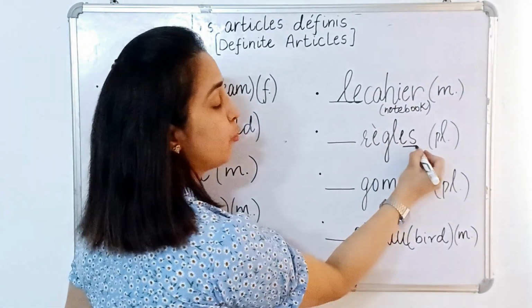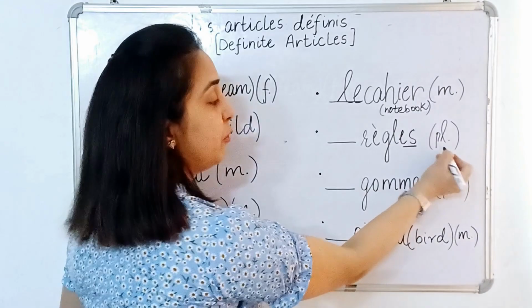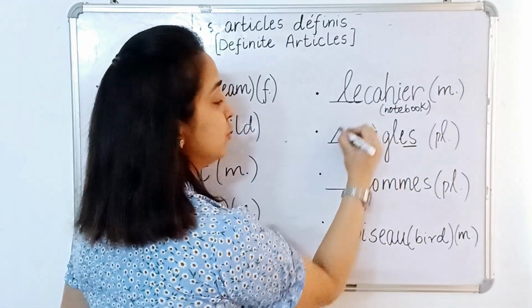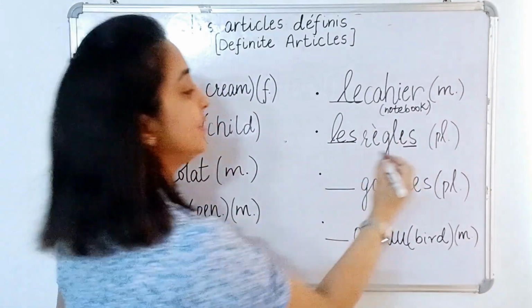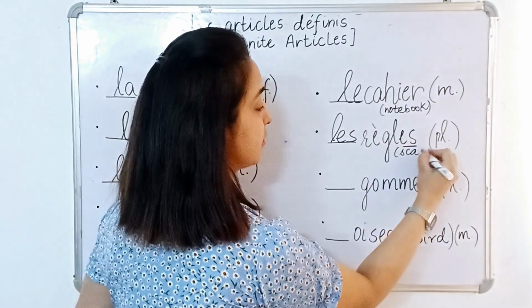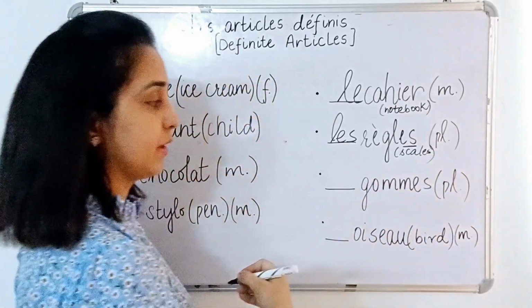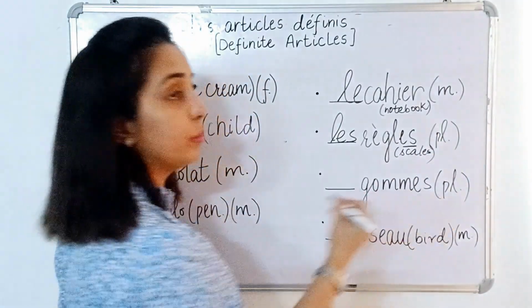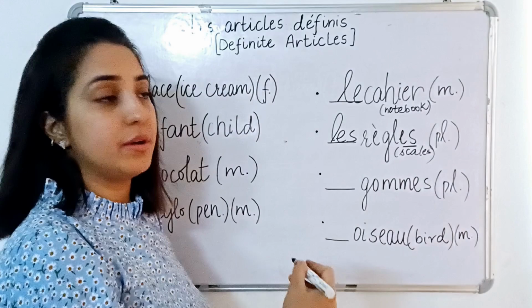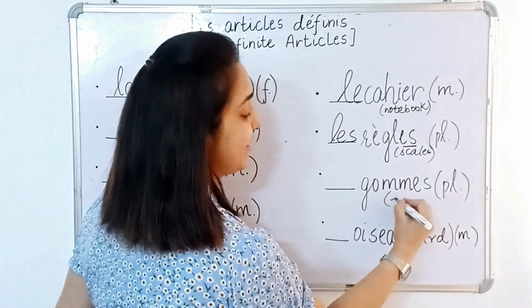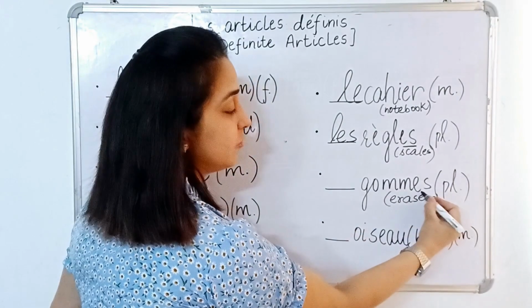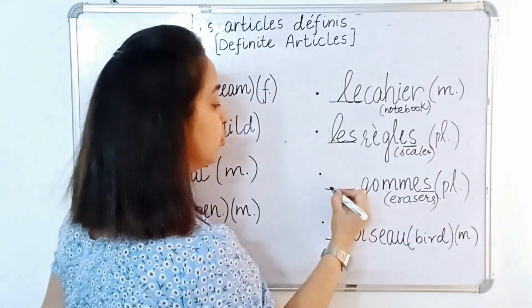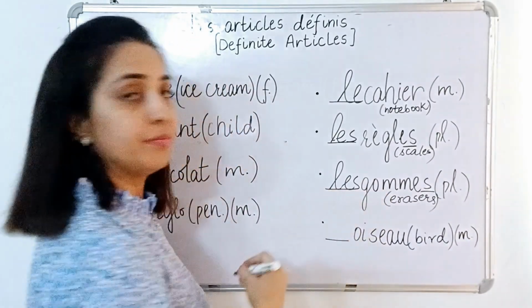This is plural, so for plurals we will use les: les règles, which means rulers. Then we have gomme. Gomme is eraser, and this is plural, so we will use les gommes.